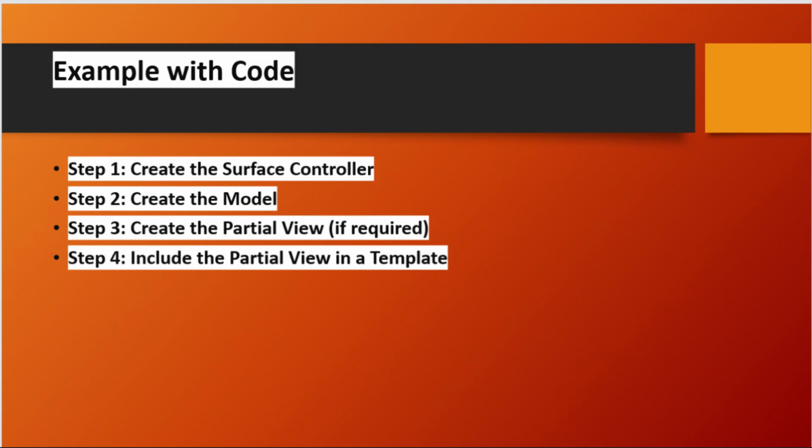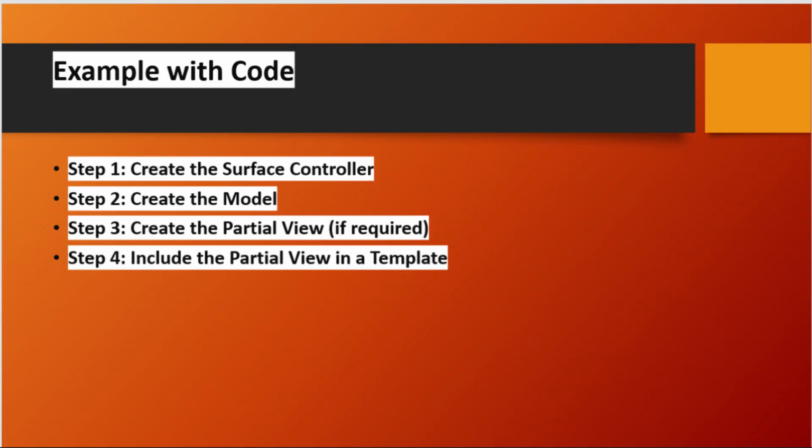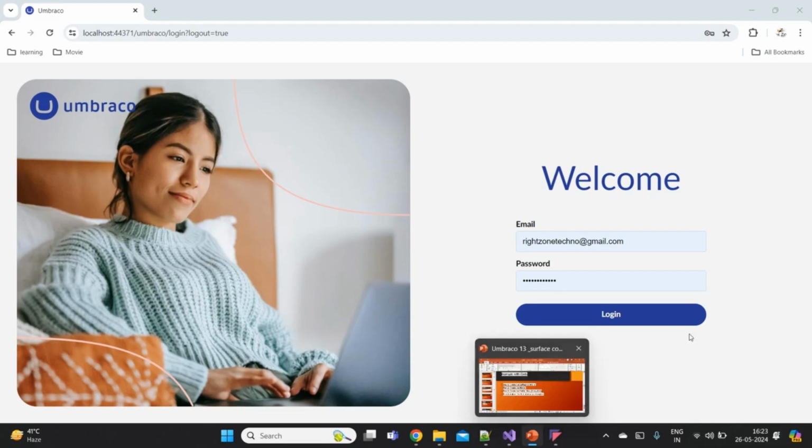First of all, you need to create the surface controller. Then you can create a model as you have already done in MVC. Then either you can create the partial view or you can return the complete template. So today we are going to discuss these things in our topic.